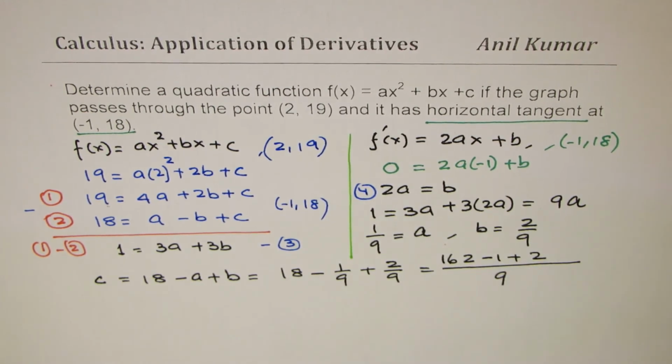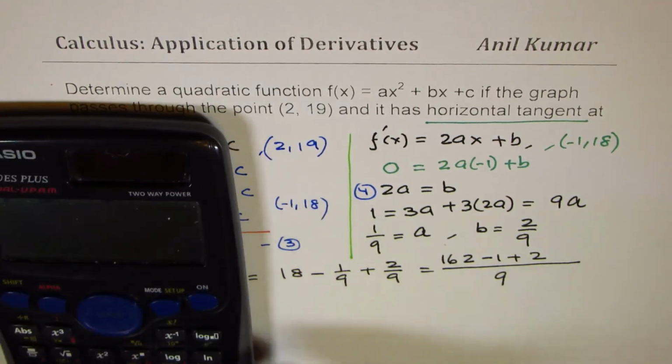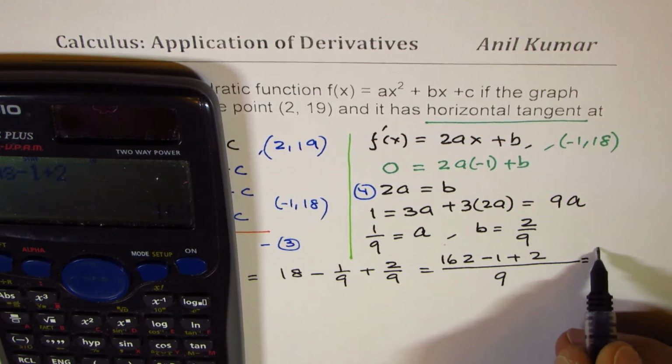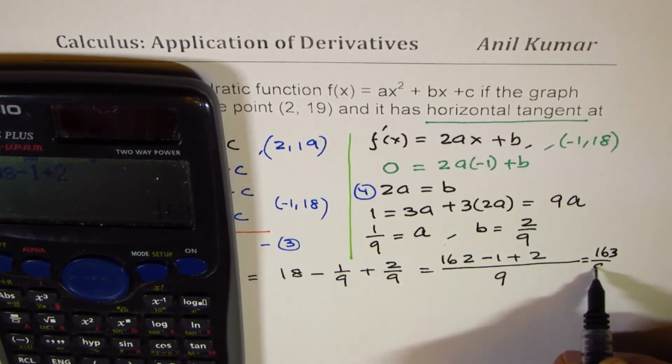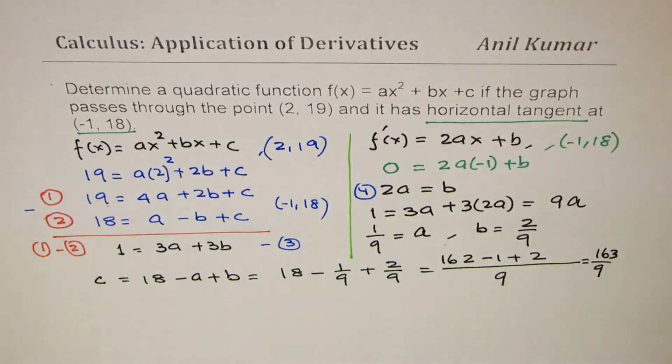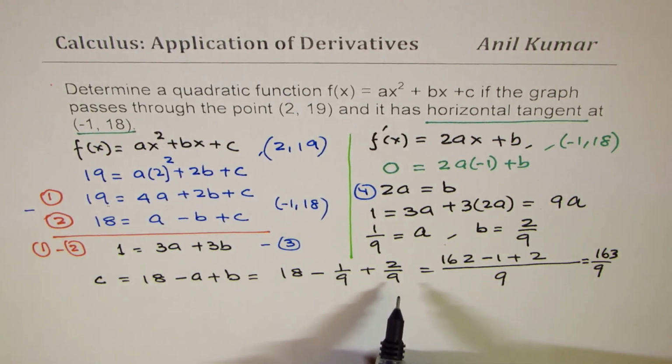Let me use the calculator. We have 18 times 9, which is 162, so that's correct. So we have minus 1 plus 2, which gives 163. So we get 163 over 9. So that is c.